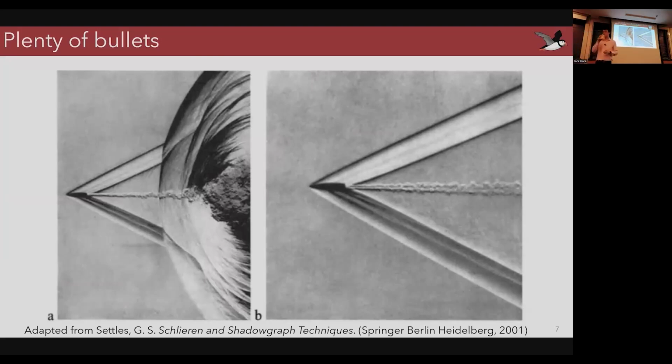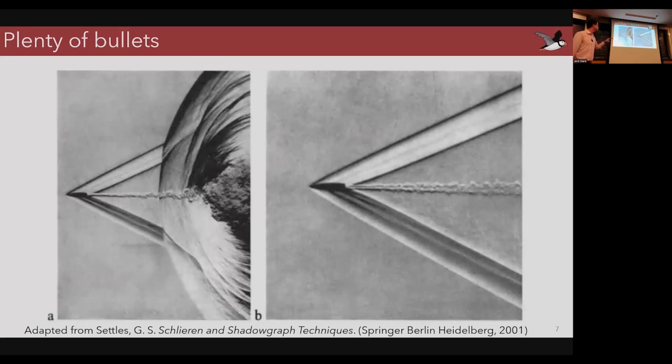So, on figure B, why are the light and dark regions above and below swapped? Pass. I'll put it on the problem set. I don't know immediately why that is.